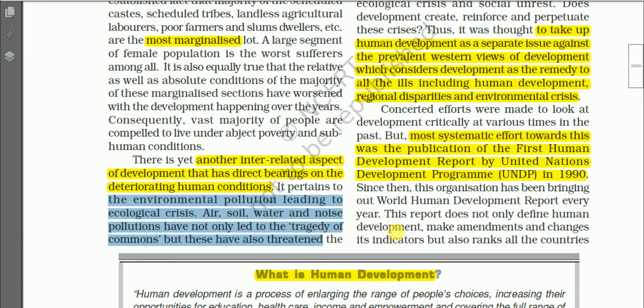One interrelated aspect of development that has direct influence on human beings is the environmental pollution leading to ecological crisis. That means because of developmental activities, we have air, soil, water, and noise pollution that have not only led to the tragedy of the commons, meaning the tragedy of the poor, common people, but have also threatened the existence of society, the existence of the country.